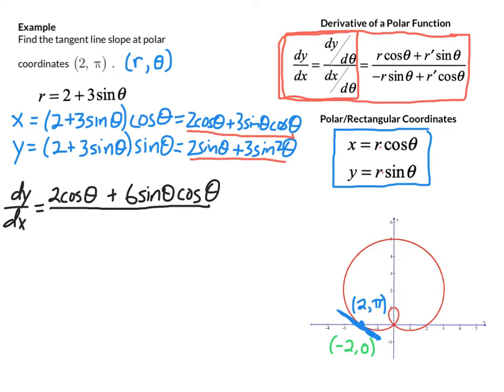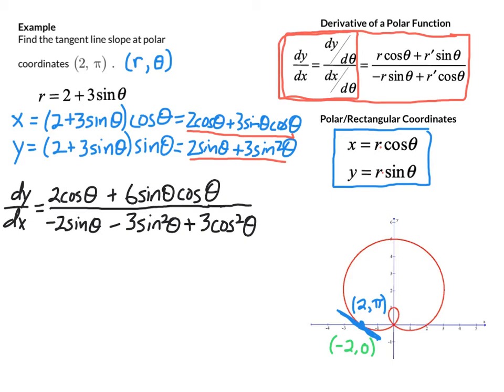And then dx d theta would be negative 2 sine theta. And I got a little product rule here, so it's going to be 3 sine theta times negative sine theta, so minus 3 sine squared theta, we'll call that, plus 3 times cosine, so plus 3 cosine squared theta.